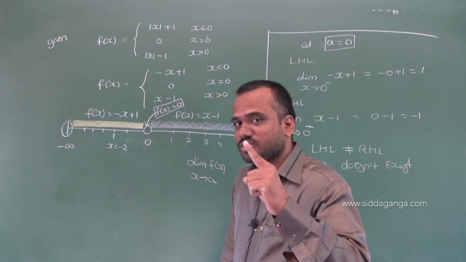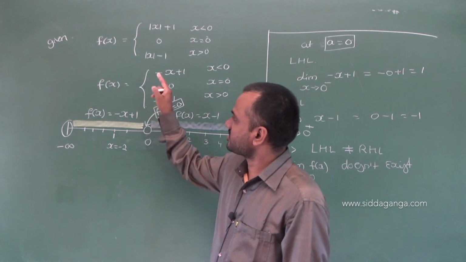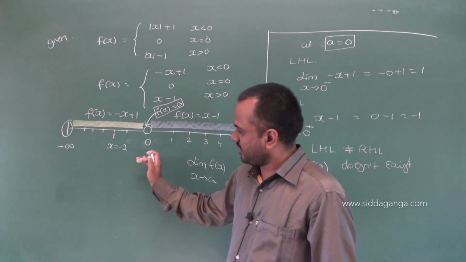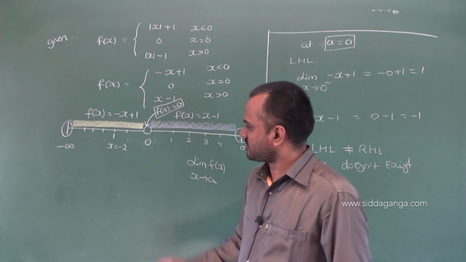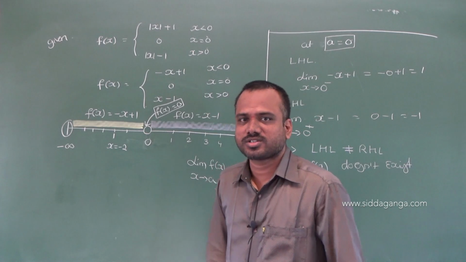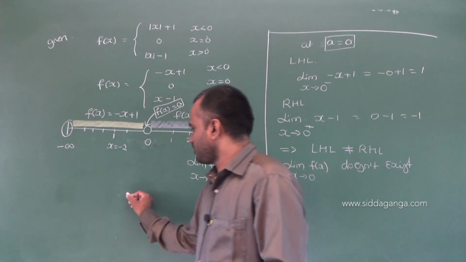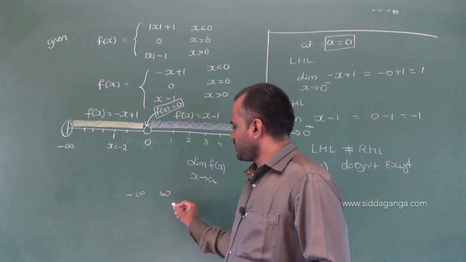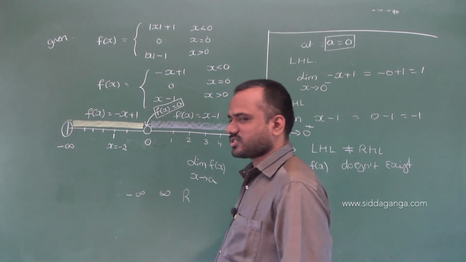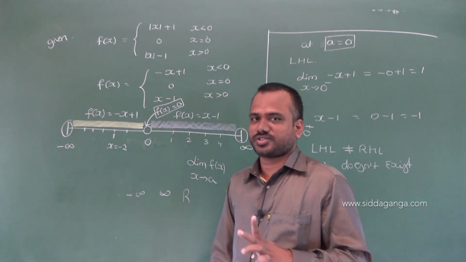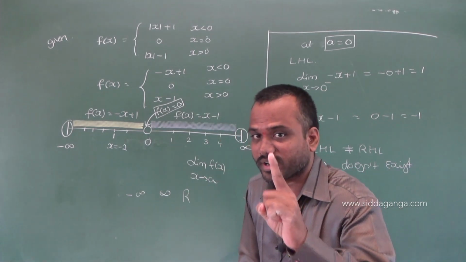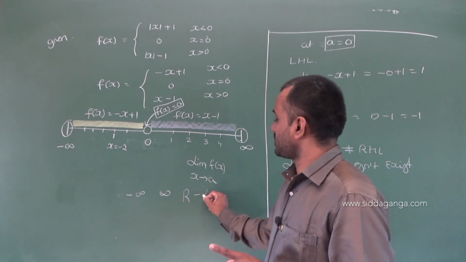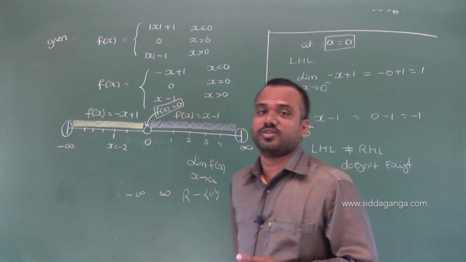So the conclusion is, since f of x is a polynomial function, for less than 0 the limit value exists, for greater than 0 the limit value exists, so the limit value exists from minus infinity to plus infinity. Minus infinity to plus infinity is nothing but the set of all real numbers. The set of all real numbers except one value where it does not exist, except what? 0.